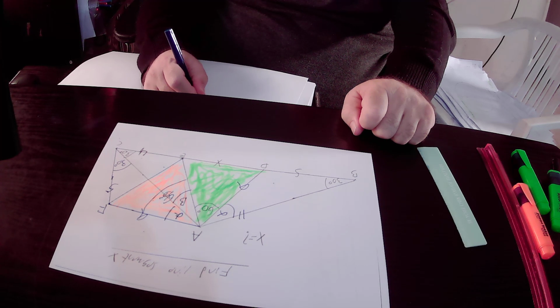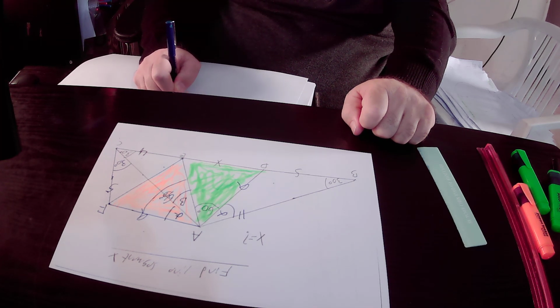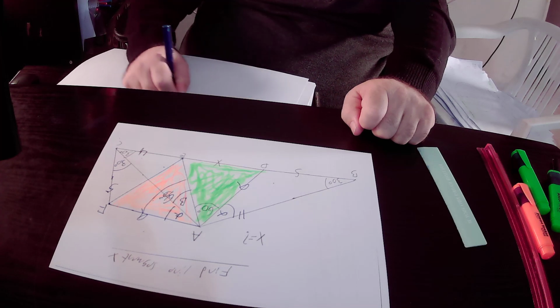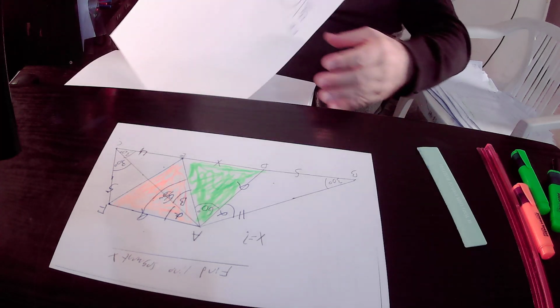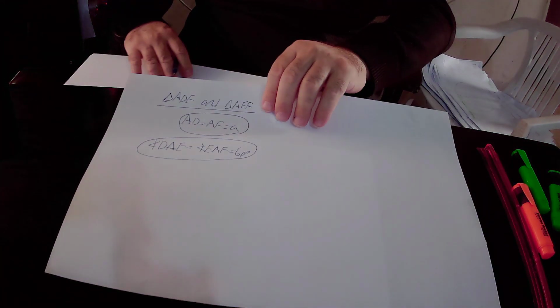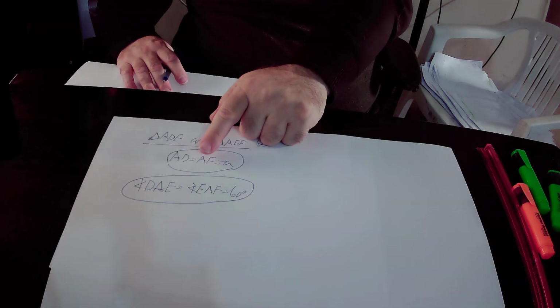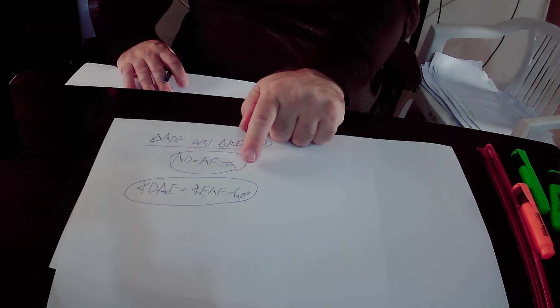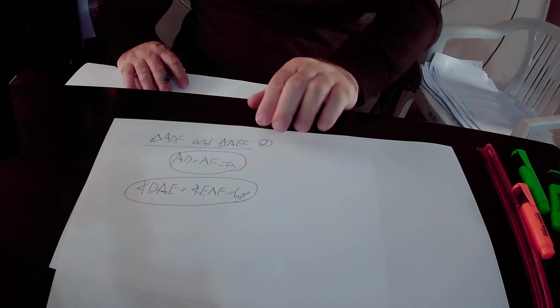They are both equal to 60 degrees, therefore they are equal to each other. I repeat again. Angle DAE in the green triangle is equal to angle EAF in the orange triangle. They are both equal to 60 degrees, therefore they are equal to each other.